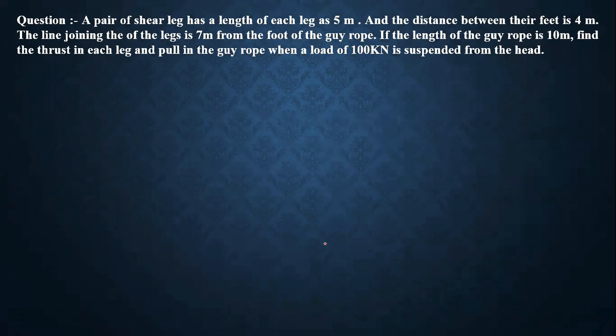Okay, so first we need to draw a figure. Obviously we have a three-dimensional truss frame. So there are two shear legs, the distance between them is 4 meters, each leg has a length of 5 meters, and a guy rope whose length is 10 meters.